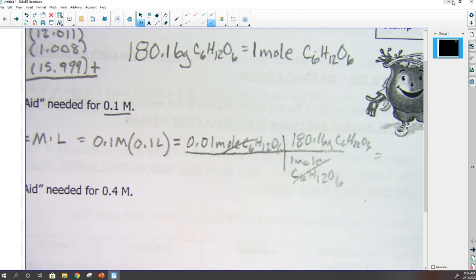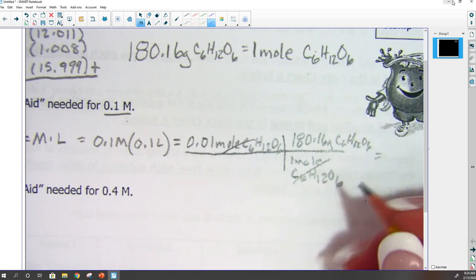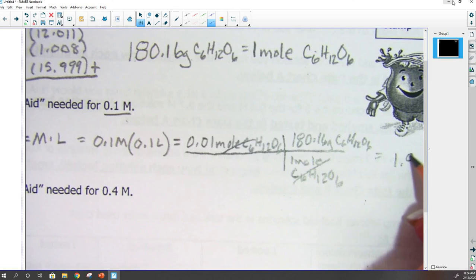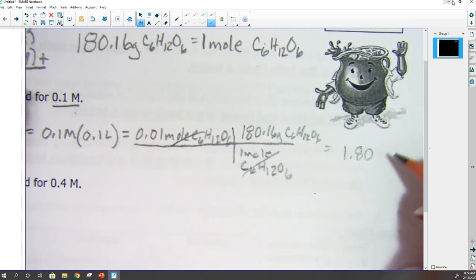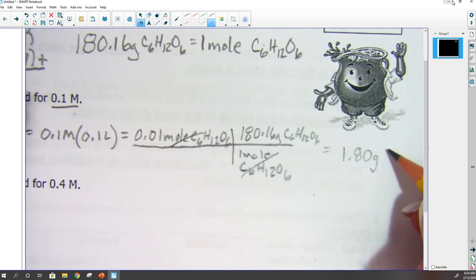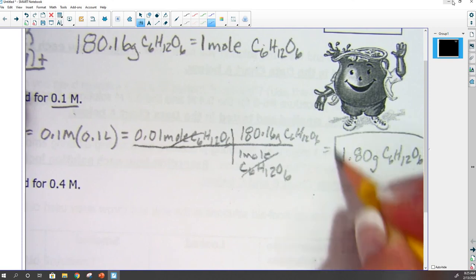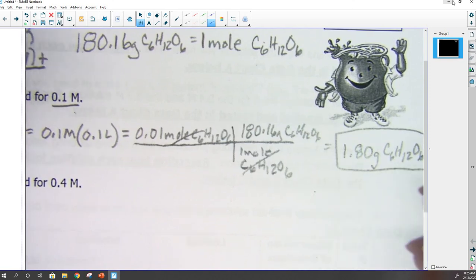Moles will go out, we'll times that, and we should end up with 1.80. Only go to the 10th place because that's all we can weigh out. Okay, and that would be grams of the C6H12O6.